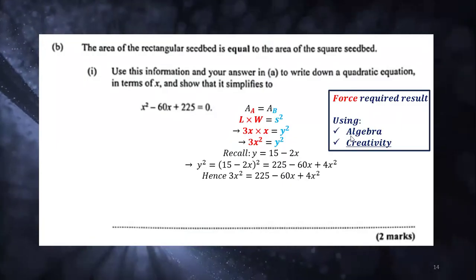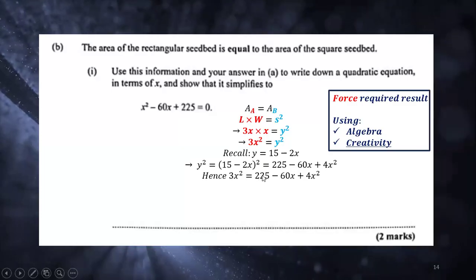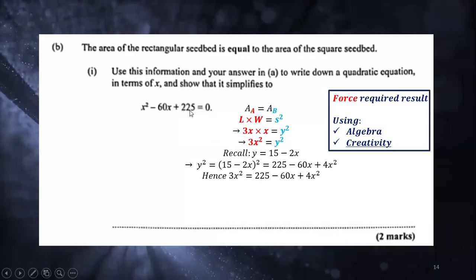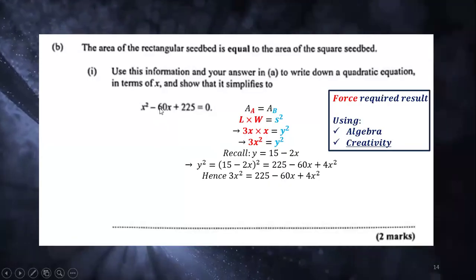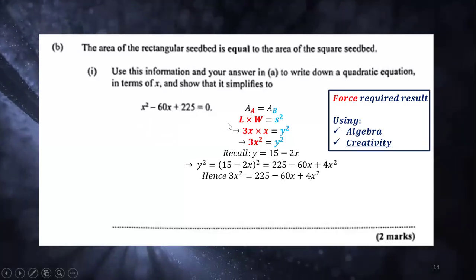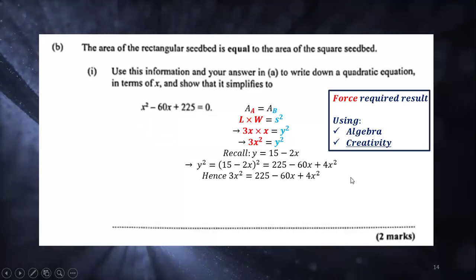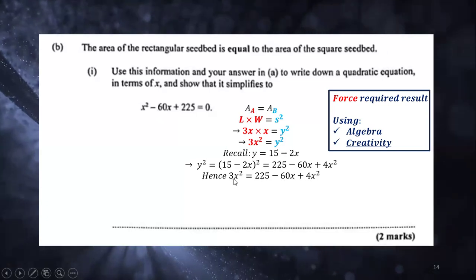In this case, I'm seeing a 225 here, a 225 here. I'm seeing a negative 60x here, a negative 60x here. I'm seeing a plus 4x squared here, but I am not seeing a plus 4x squared there. However, I am seeing an x squared, and I'm seeing a 3x squared on this side.